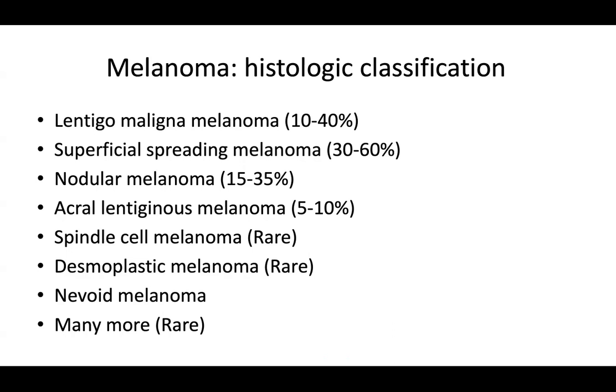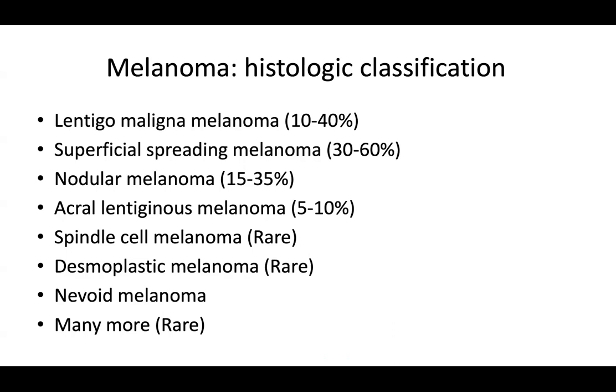Oftentimes, these patients are not aware, or the dermatologist is the first to really take a look at the bottom of their feet and truly look for this type of melanoma. And by that time, it's already advanced, unfortunately. So this is a very challenging type of melanoma.